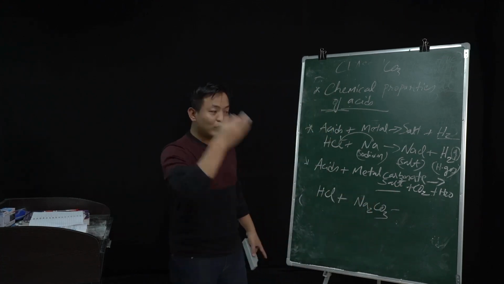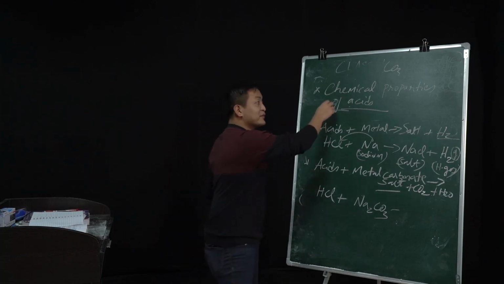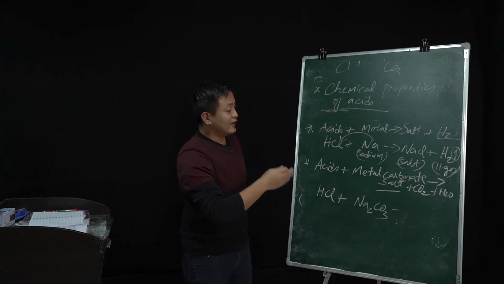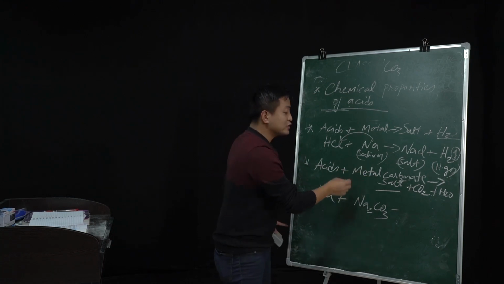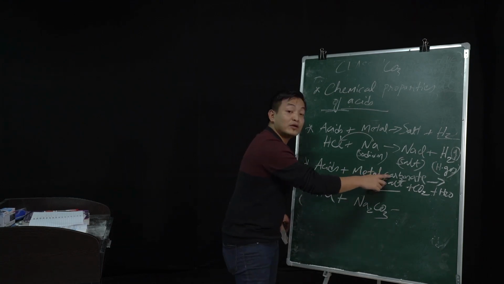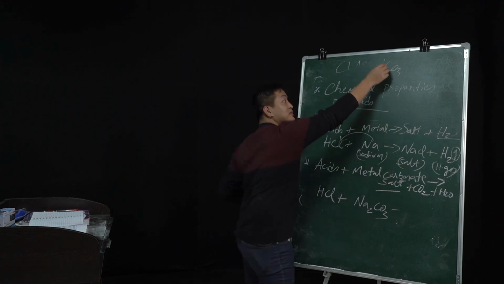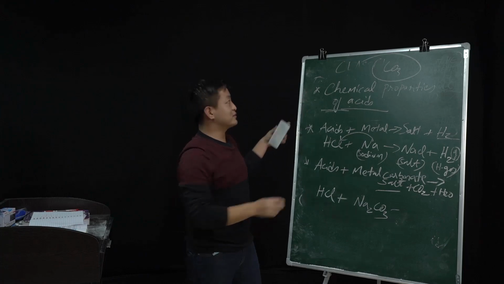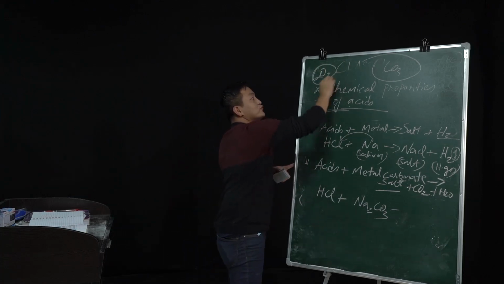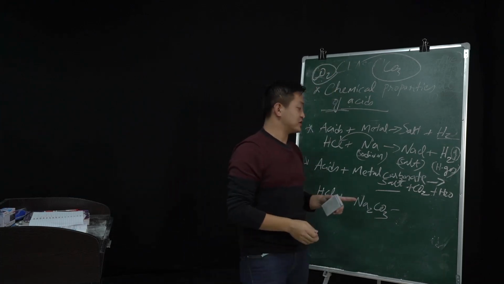Salt is the common thing in all the reactions that we're going to get here in the chemical properties of acids. Now, why did I say carbon dioxide? Because we are going to react with metal carbonate. Carbonate means it is CO3. Okay, students? Carbon dioxide means CO2. And when we say carbonate, it is CO3.